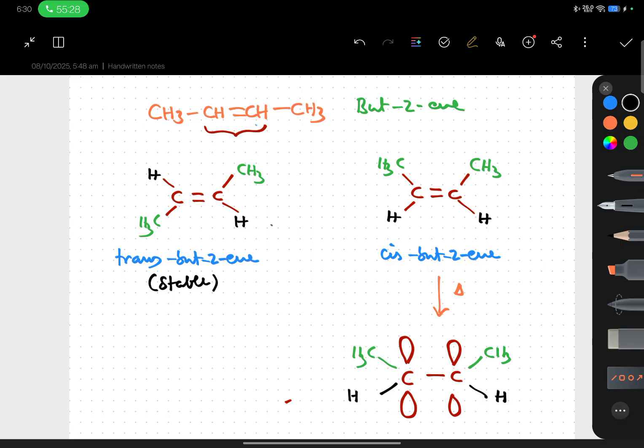As you continue, the bond will rotate in this direction.